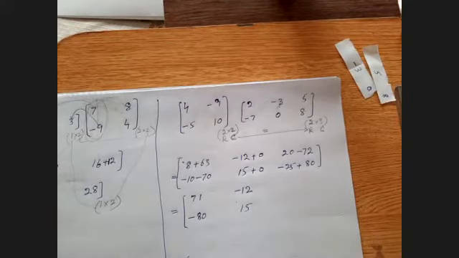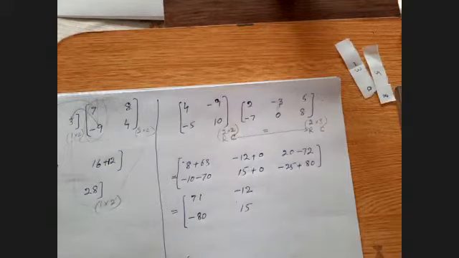And then you can see that minus 72 and plus 20. Oh, sorry, minus 72 and plus 20. What is the answer? Minus 52.